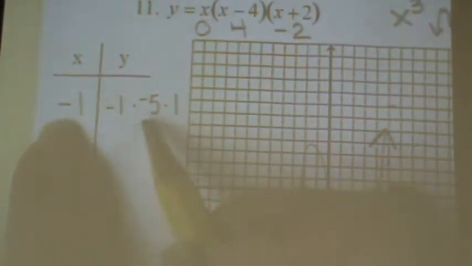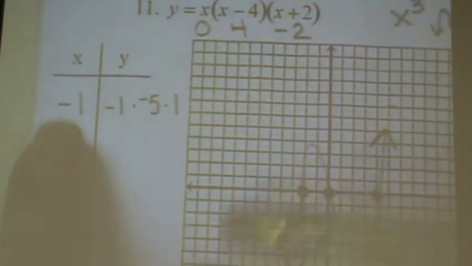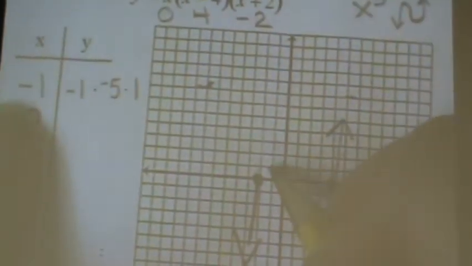Negative 1 minus 4 is negative 5. You're multiplying these, right? And negative 1 plus 2 is 1. If you multiply those three, what do you get? 5. Now, I'm seeing that I should be in the positive region, which is good. That's like a check for me. 1, 2, 3, 4. So I'm going up to 5, and now I'm going to make a nice graph.